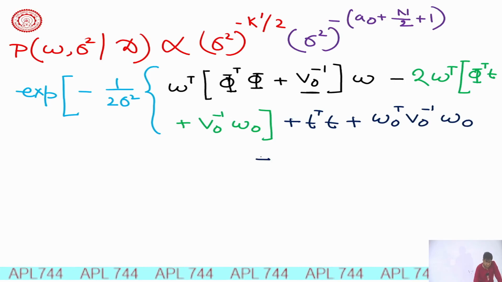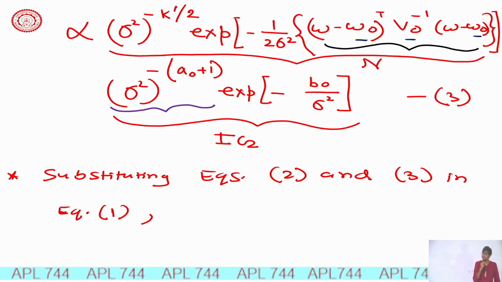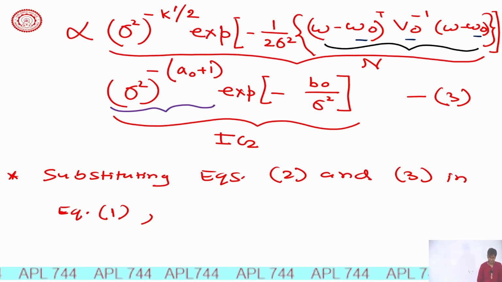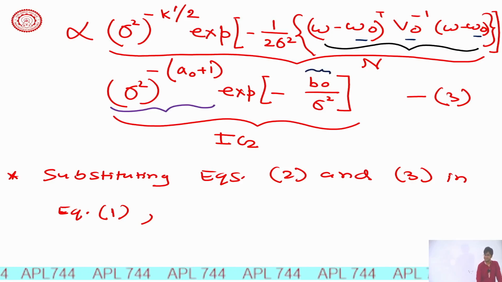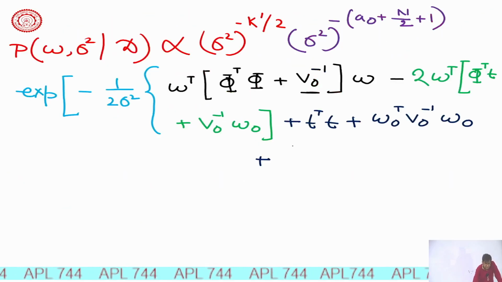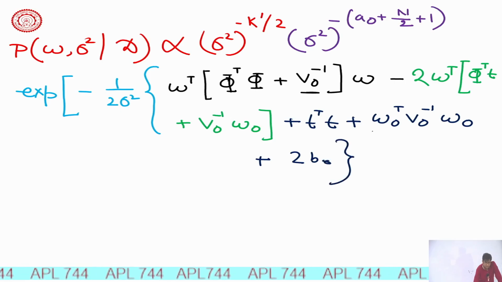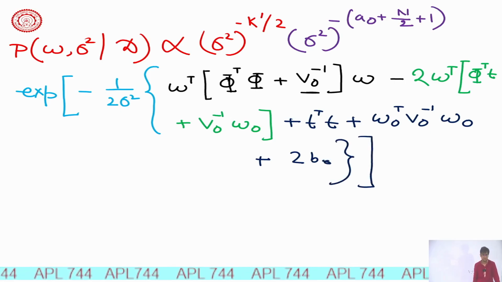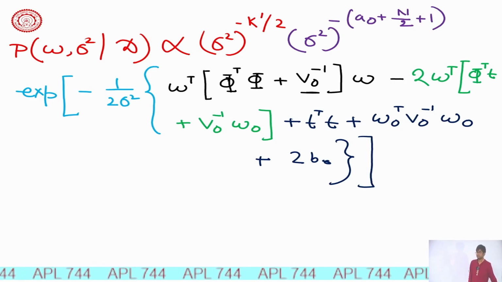Plus, is there anything else remaining? 2 B naught from the bottom one. This B naught will become 2 B naught because I have written 2 sigma square. So plus 2 B naught. Close the bracket, close the bracket. Clear what I have done? Clear?